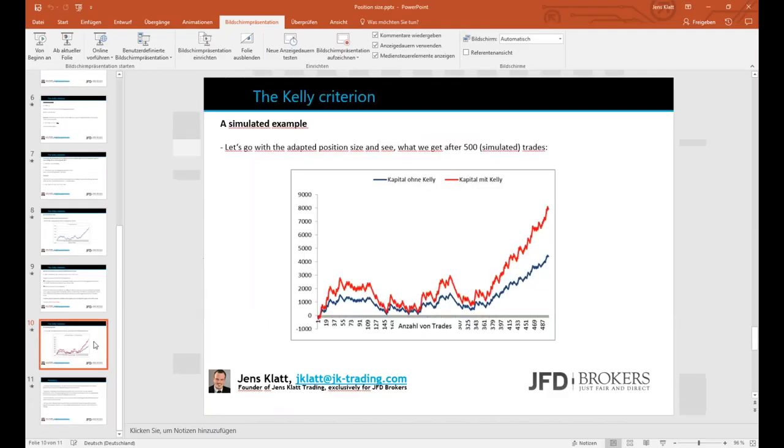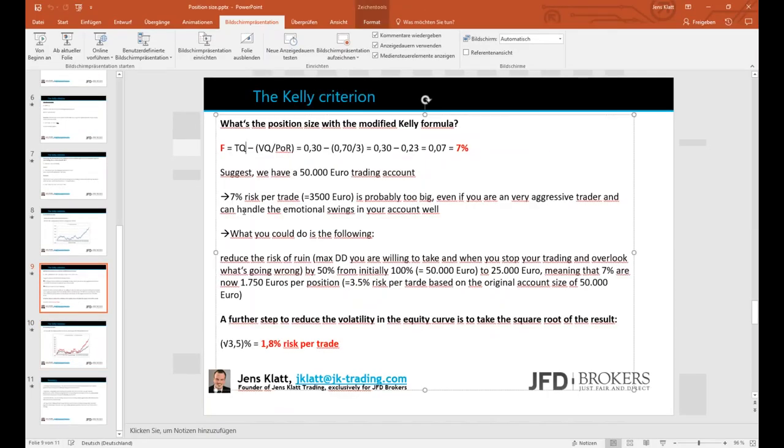One second. I changed this since I'll definitely forget about it. So first of all, this is the hit rate. This is the loss rate. And so we are trading a 5,000 euro account. So this will stay the same.